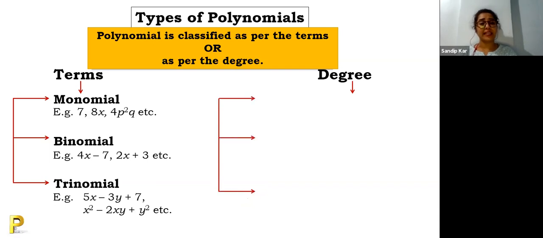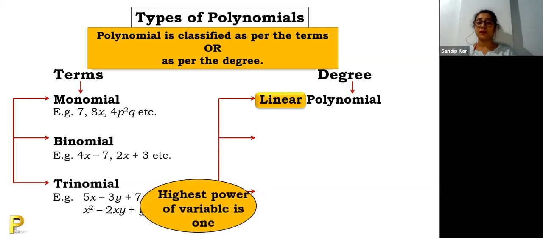Let's look at the next classification of polynomials on the basis of the degree, that is the highest power. First, we have the linear polynomial. Linear does not mean straight over here. Linear means the highest power of the variable should be 1. We just solved some questions regarding degree, so you already know how to find it.